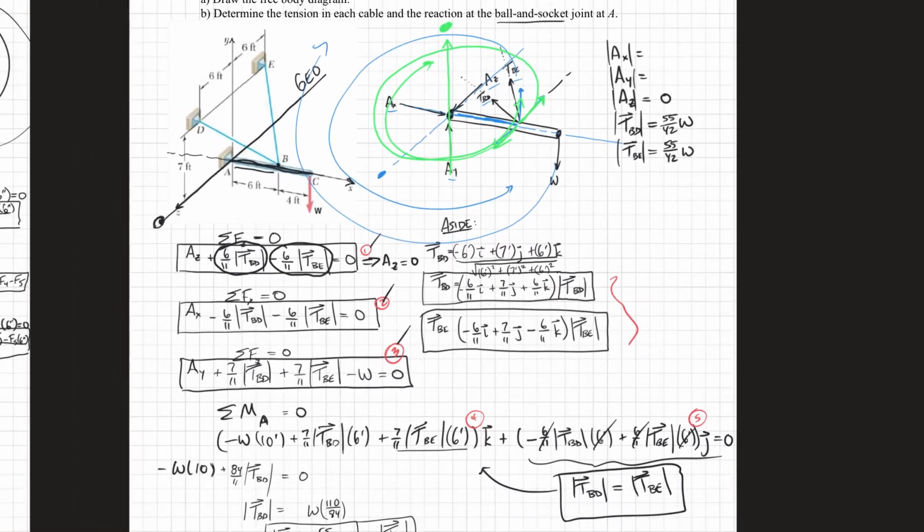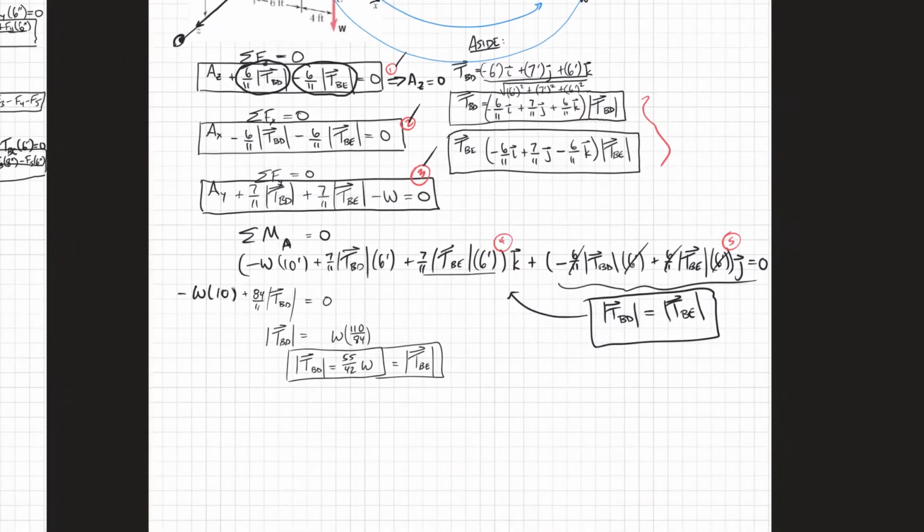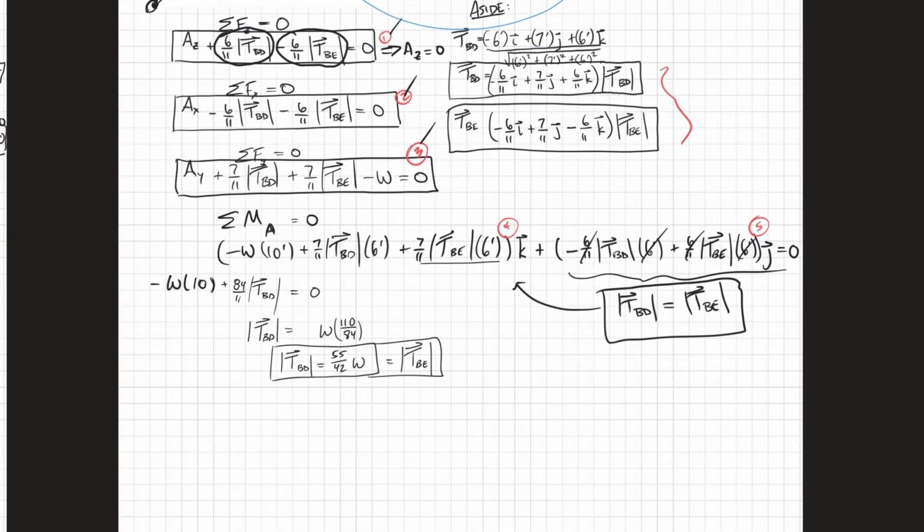Now we're going to go over here, and I have to do the sum of forces in the x direction. I'm going to take this equation and bring it down here. I could do the same thing with y, but I'm going to do this one first. Minus 6 over 11 times TBD, minus another 6 over 11 TBE.